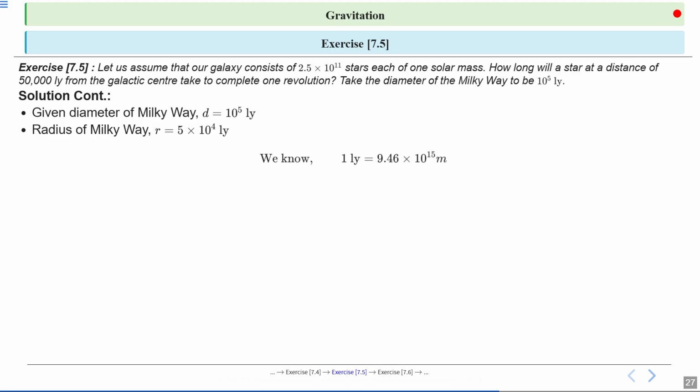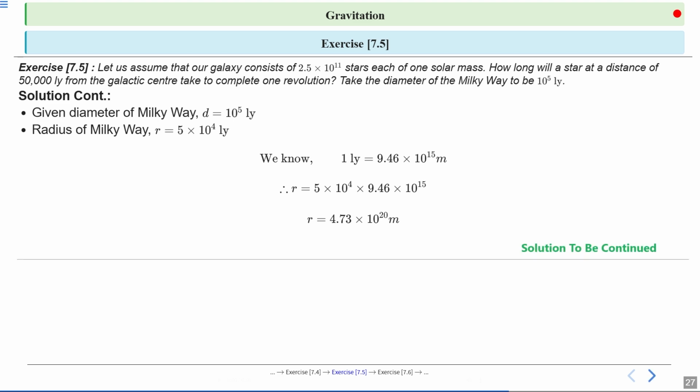We know 1 light year is equal to 9.46 into 10 raised to the power 15 meter. So R equal to 5 into 10 raised to the power 4 into 9.46 into 10 raised to the power 15. Solving this, you will get 4.73 into 10 raised to the power 20 meter. All right.